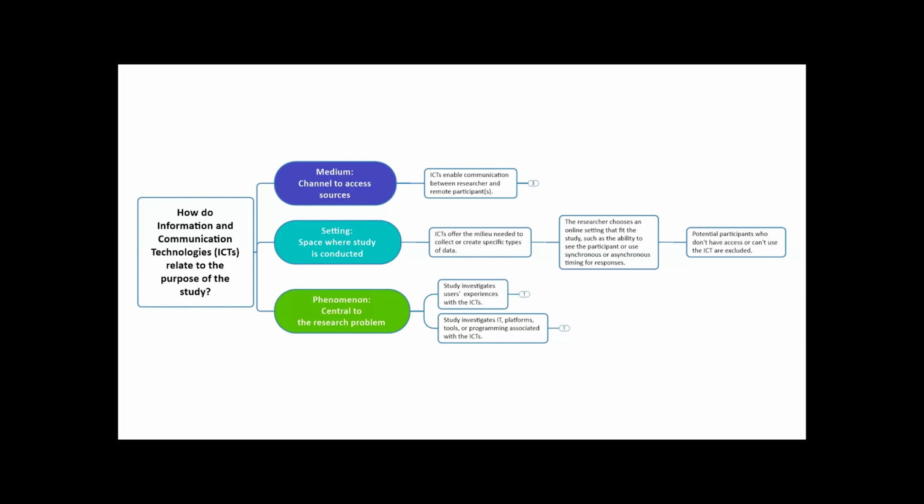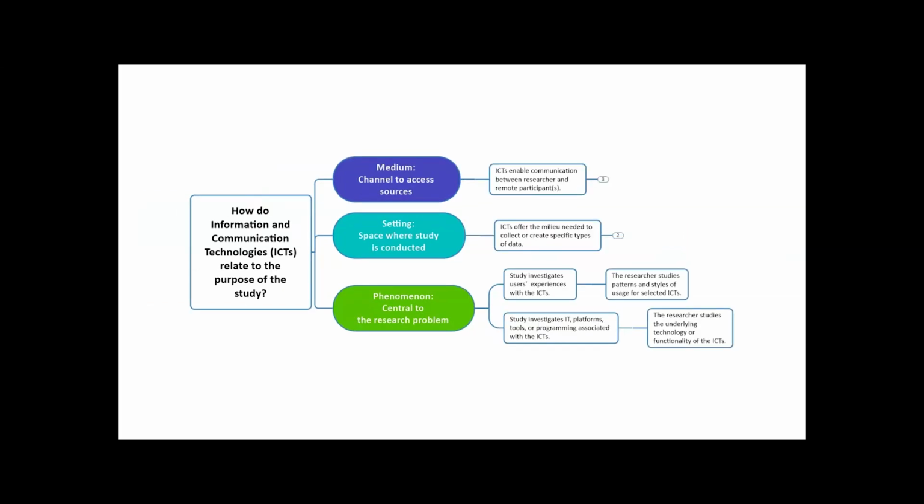Now, obviously, within that setting, we're still going to have to make decisions about what medium we're going to use to communicate. But anyway, those are some questions to consider. And then if I'm thinking about the technology as the phenomenon, then the technology itself is central to the research problem.